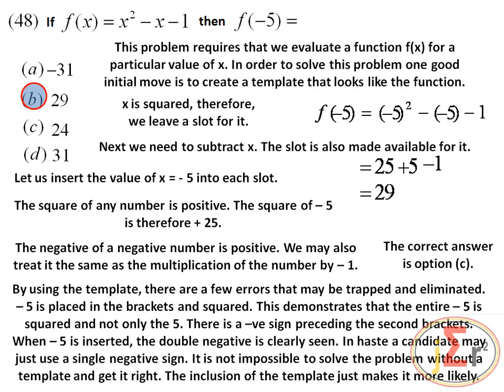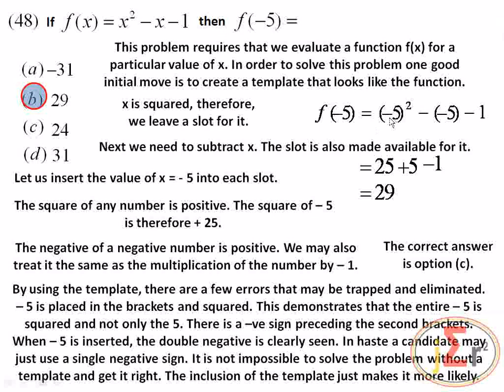When -5 is inserted, the double negative is clearly seen. In haste, a candidate may just use a single negative sign. It is not impossible to solve the problem without a template and get it right. The inclusion of the template just makes it more likely.